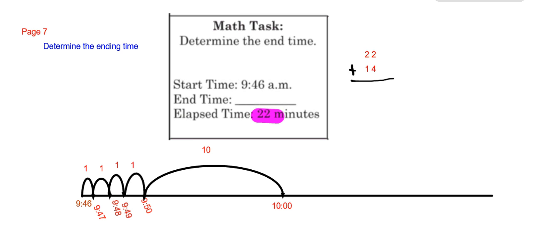Okay, I'm going to be subtracting. Let me go ahead and fix this for a subtraction. All right. So 22 minus 14. 2 minus 4, there's no way I can do that because the 2 is smaller. So I'm going to regroup. This was a 2. Now this becomes a 1.